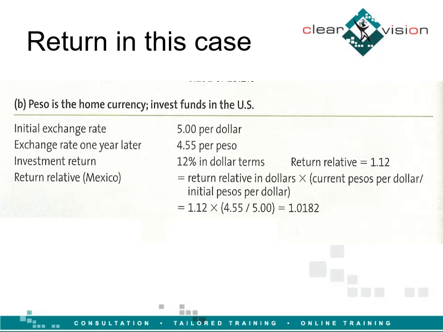The exchange rate 1 year later is 4.55 pesos per dollar. And the investment return is the same 12% in dollar terms, so the return relative in this case is also 1.12.